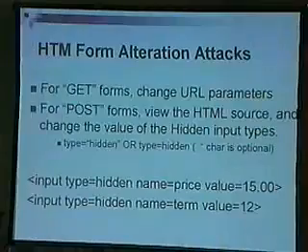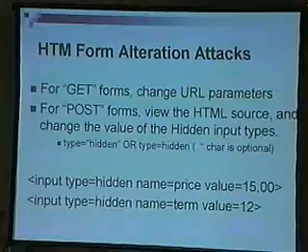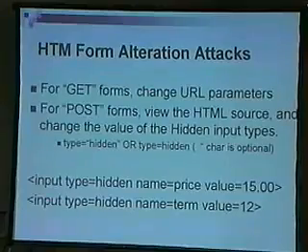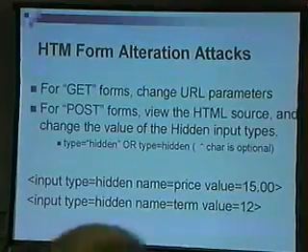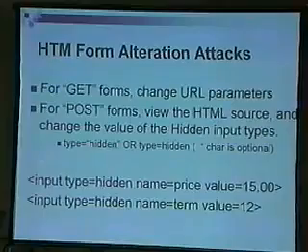Then there's also HTML form alteration attacks. This is similar. Actually, this is exactly what you would do for the Alexis Park to get cheaper internet access. For GET posted forms, it's really easy because all the parameters are in the URL. You can see it right there. I mean, they throw it right at your face. It's kind of hard not to see these things when they do it. The POST forms, though, you actually have to view the source and take a look at things.